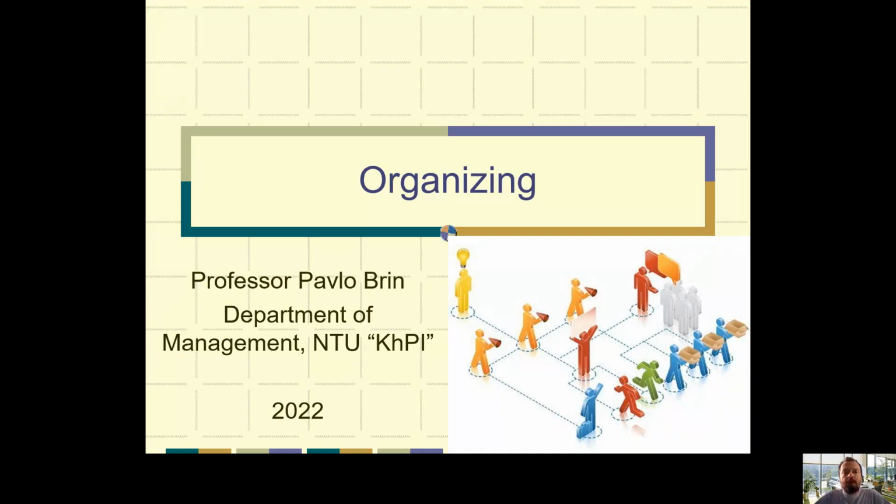Last time we spoke about planning, and the result of planning is strategy, and strategy is a set of objectives. So it is a set of results which must be attained within some period of time.